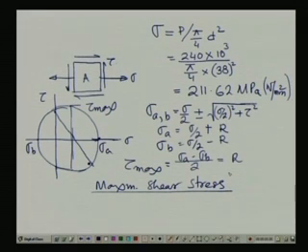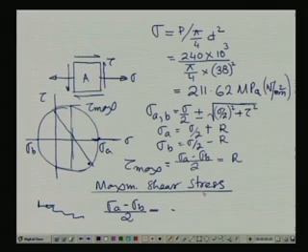Maximum shear stress theory says that (sigma A minus sigma B) by 2 is tau max, and this tau max should be equal to the shear stress value at the yield point. That means what we have seen earlier, that (sigma A minus sigma B) by 2 comes out to be sigma yield point by 2.